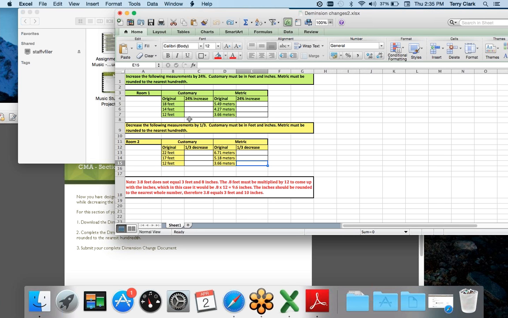The rubric said there was 12. So 3 times 2 is 6 for the customary and the metric, and then 3 times 2 is 6 for the decrease for the customary and the metric. So all 12 of those blank spaces got to be filled in. That's why I like to look at the rubrics first, because the rubrics let me know that pretty much everything has to be done.